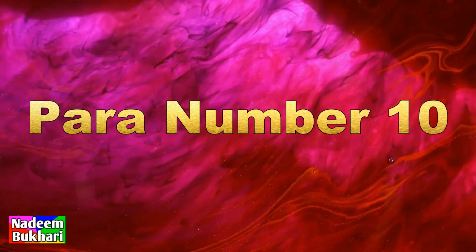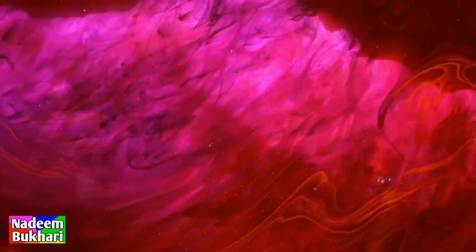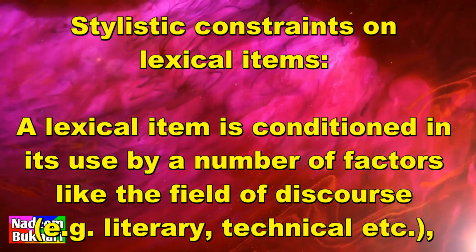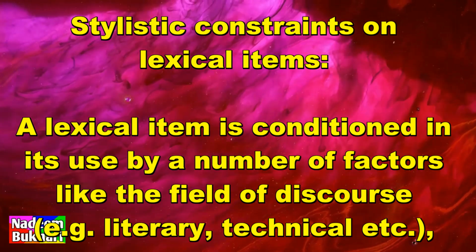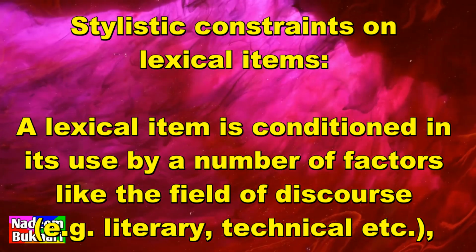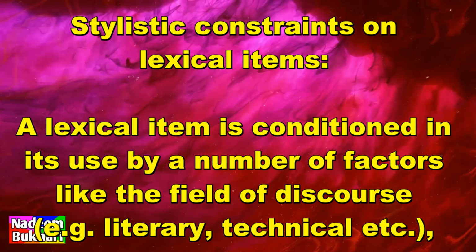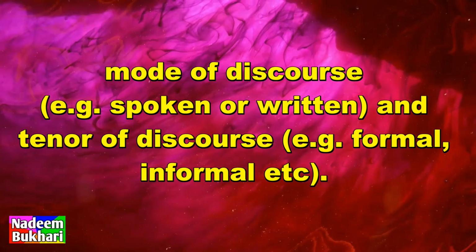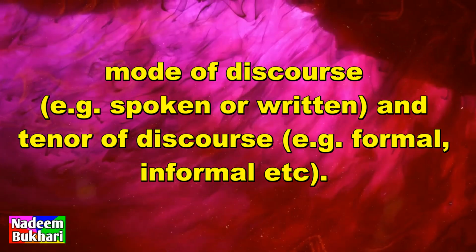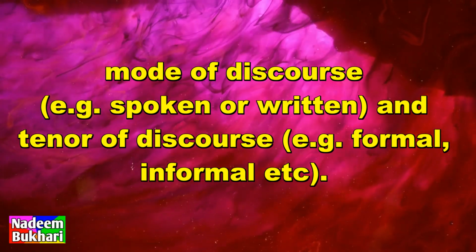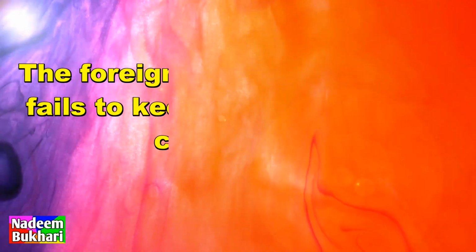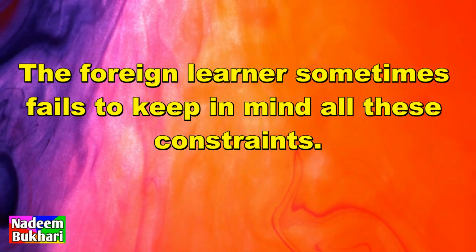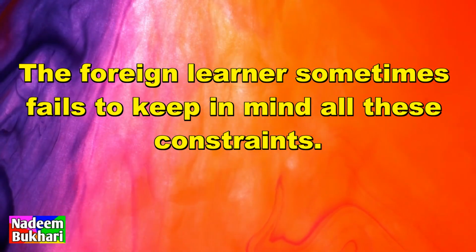Para number 10. 9. Stylistic constraints on lexical items. A lexical item is conditioned in its use by a number of factors like the field of discourse, e.g. literary, technical etc., mode of discourse, e.g. spoken or written, and tenor of discourse, e.g. formal, informal etc. The foreign learner sometimes fails to keep in mind all these constraints.